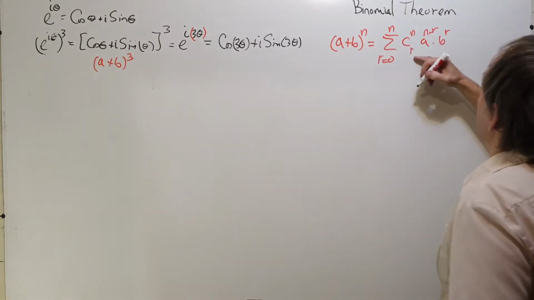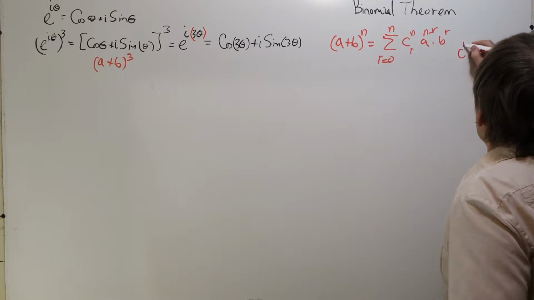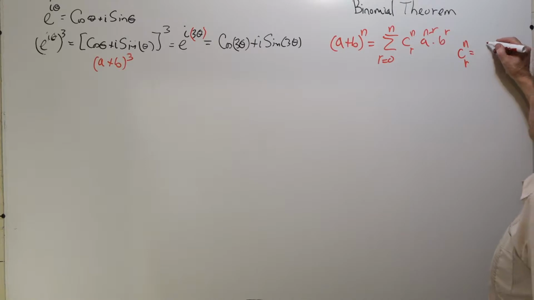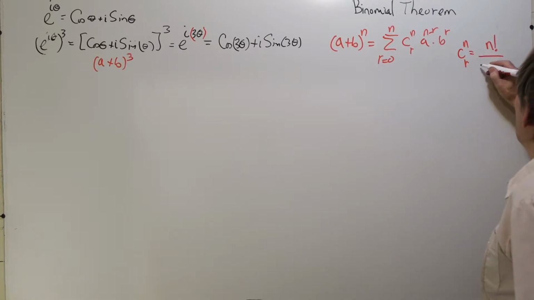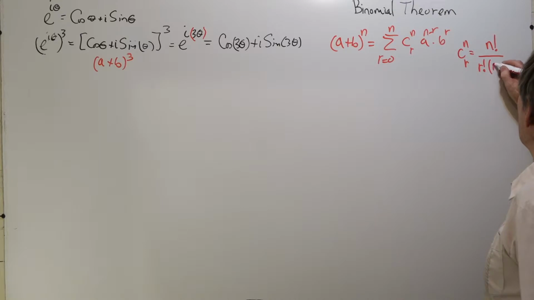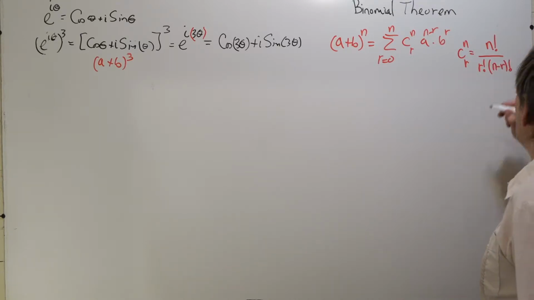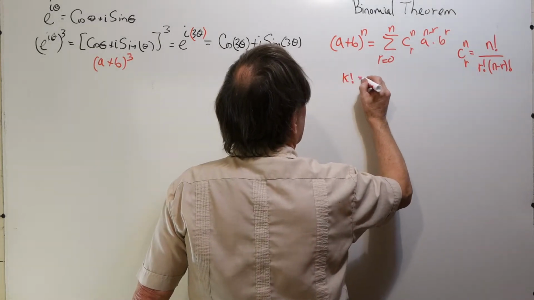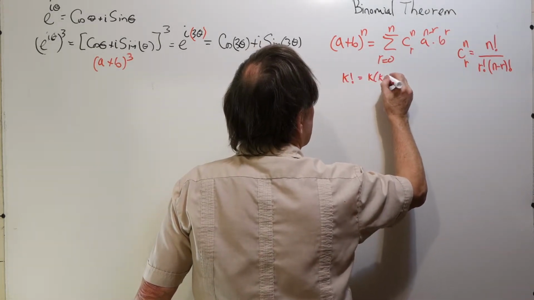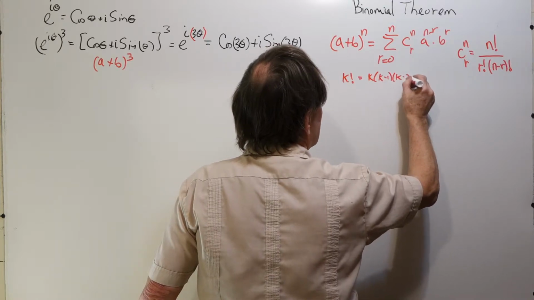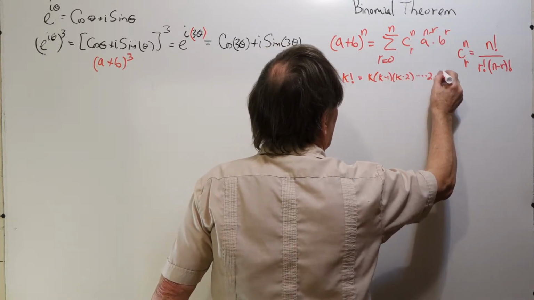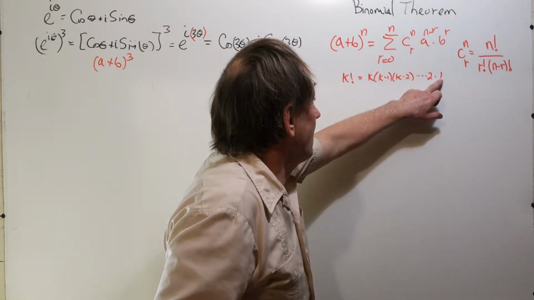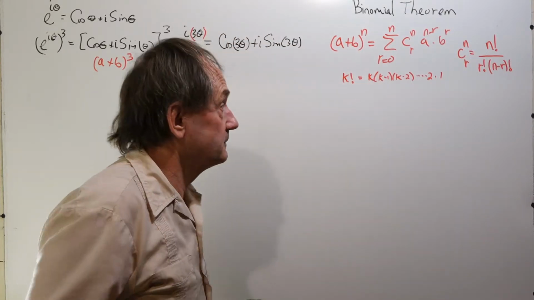And we define the combination C(n, r) as n factorial over r factorial times n minus r factorial. And if you remember right, k factorial is just k times k minus 1 times k minus 2 and so on down to 1. That is, the factorial of a number k is just the product of all the numbers from 1 to k.